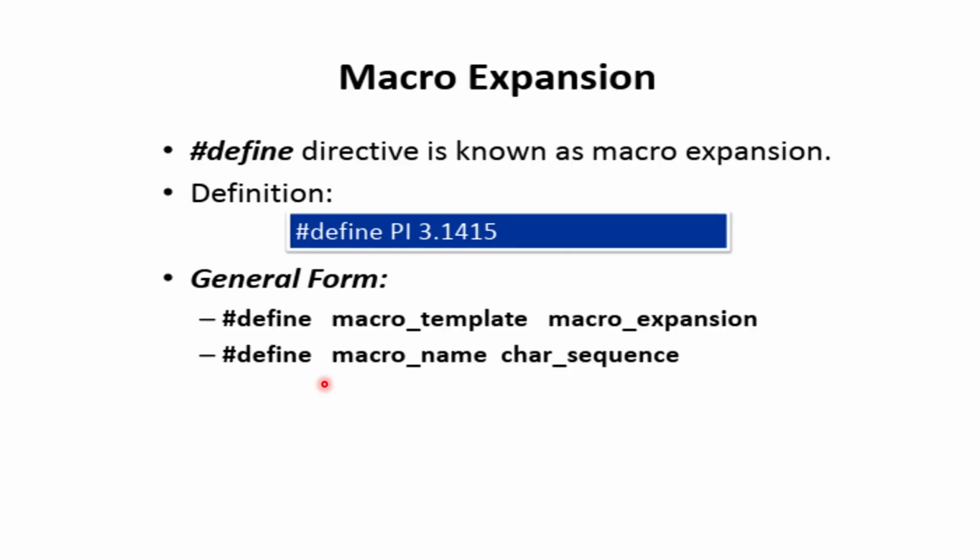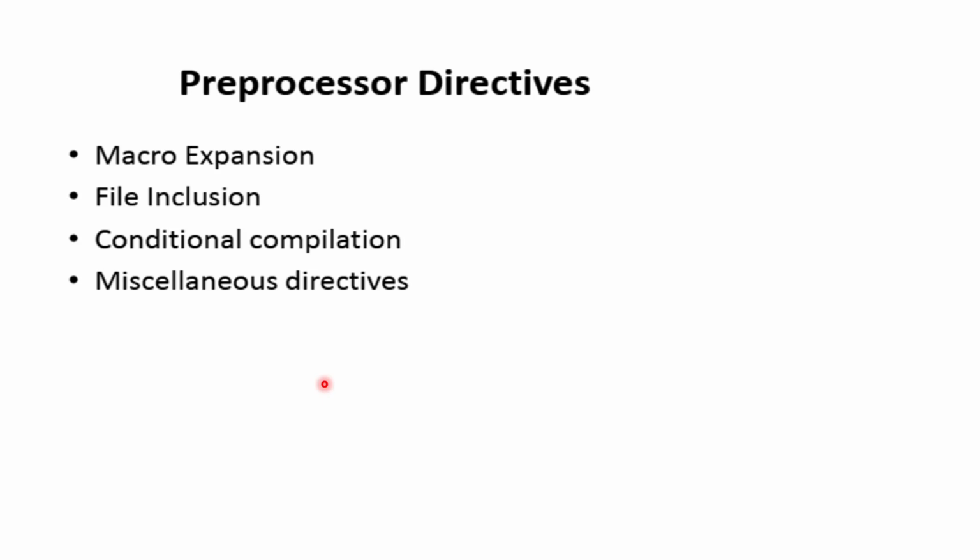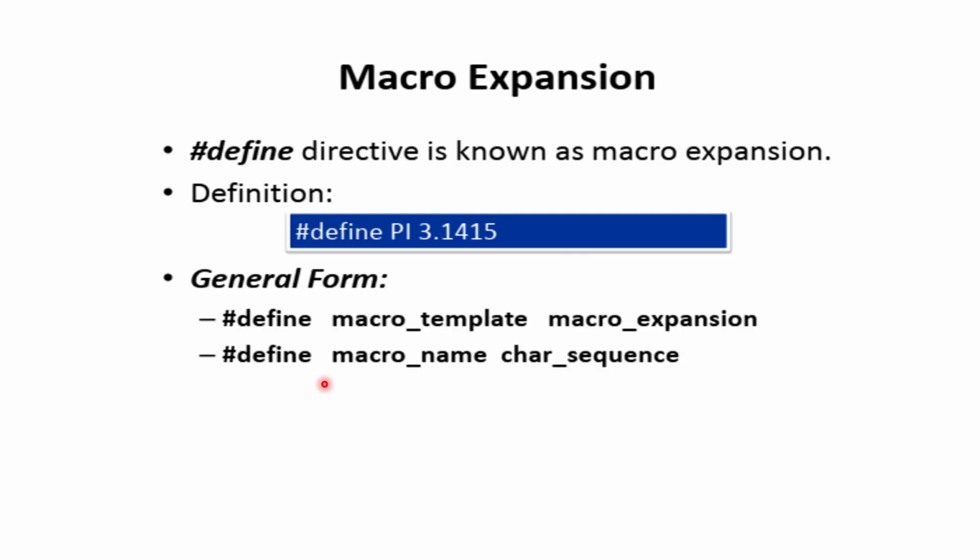The first one is what we call macro expansion. What does macro expansion mean? Macro expansion is defined in this way: hash define, then a variable name.